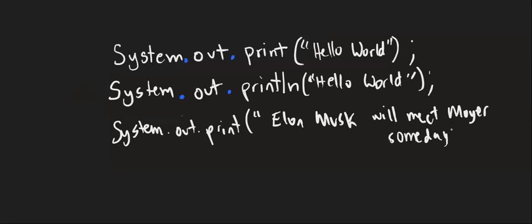This is going to the next line here only because I can't fit it, but it would just continue on if it was in your program. Elon Musk will meet Moyer someday. Hopefully that'll happen. And then a semicolon.